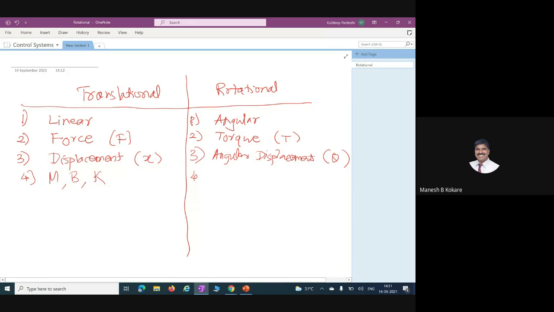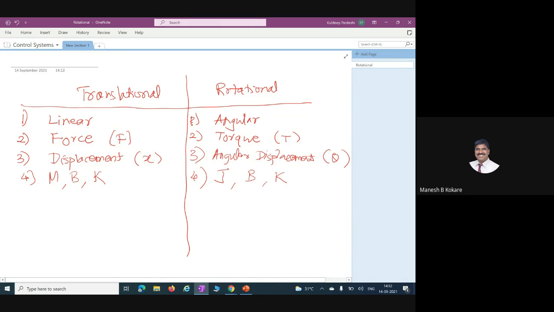In case of a rotational mechanical system, moment of inertia is given by J, then the rotational dashpot is represented as B, and then K, so J, B, K will be there.